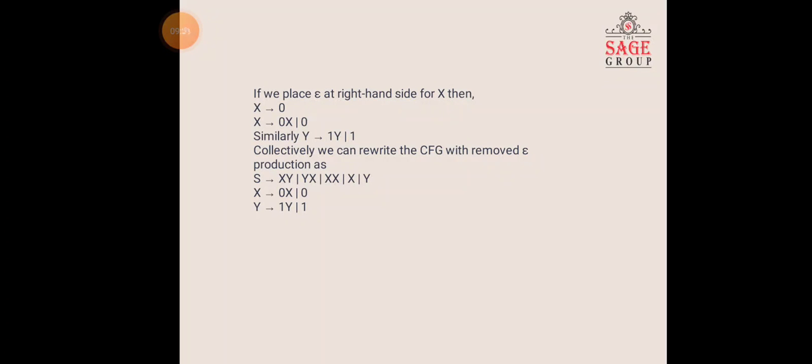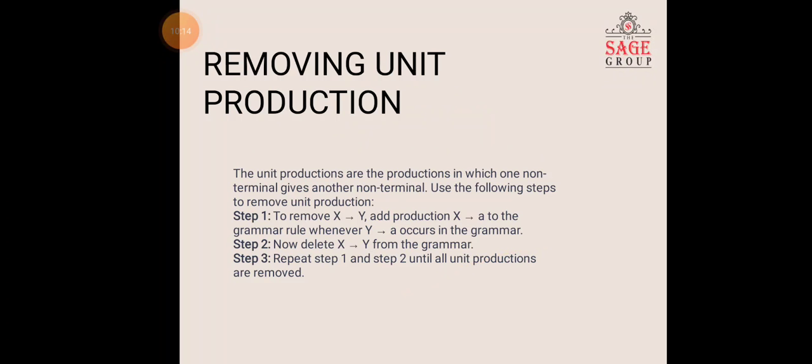I am not just eliminating epsilon as it is. I am substituting epsilon with some value. So 0 and 1 in this case are the values which have to be put in place of epsilon. So in this way we can modify our grammar so that it is more convenient to be used.